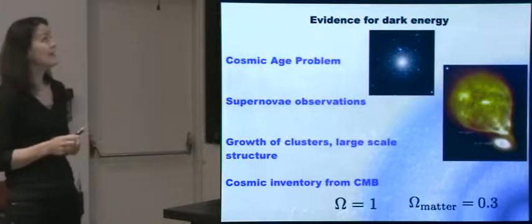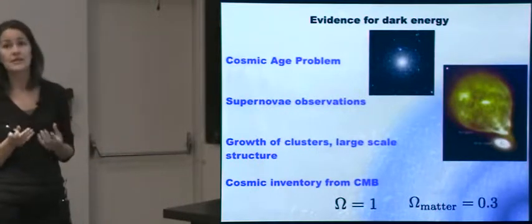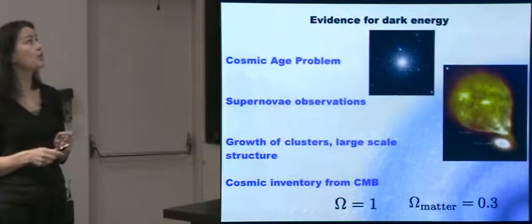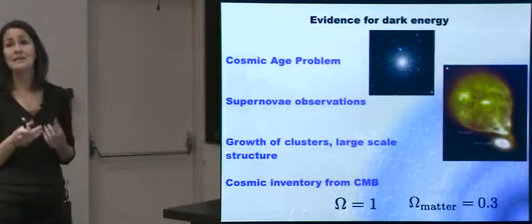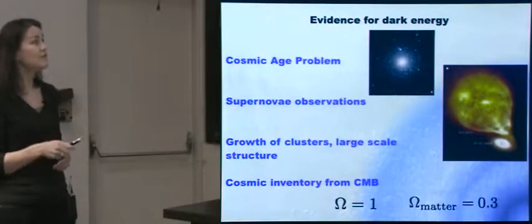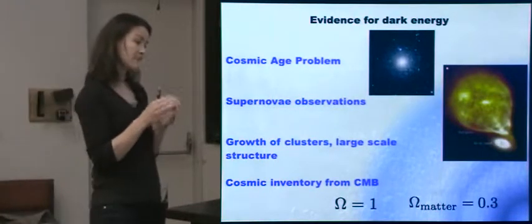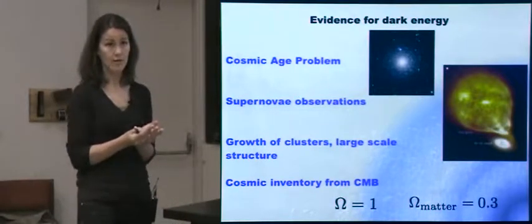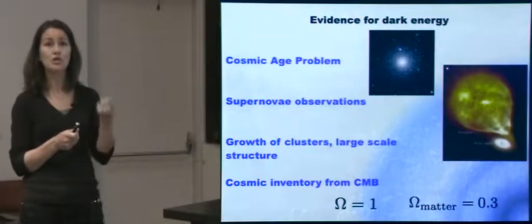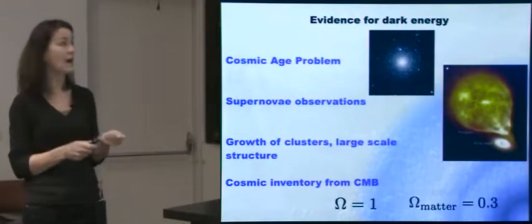And then we also had hints of the presence of new physics, right? Something missing in our picture of the universe, coming from the growth of galaxy clusters in our universe. And then when we did a cosmic inventory, when we asked what is the total amount of energy in our universe, we counted up all the things we see and compared with predictions from the cosmic microwave background.